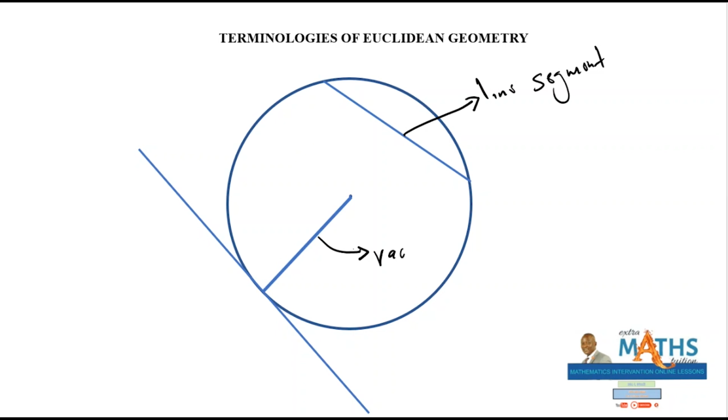We have a radius. If there are more than two, we no longer call them radius; we say radii, or radii, depending on how you pronounce them. And then we have a tangent.